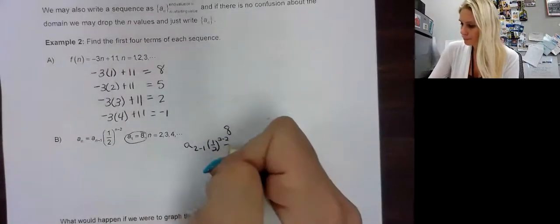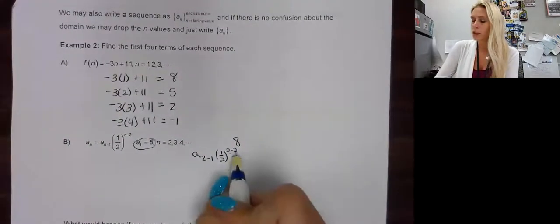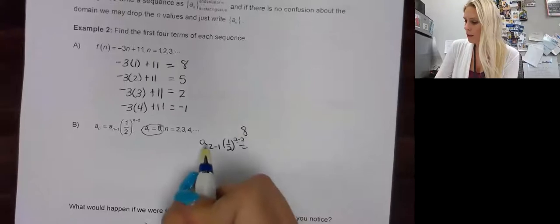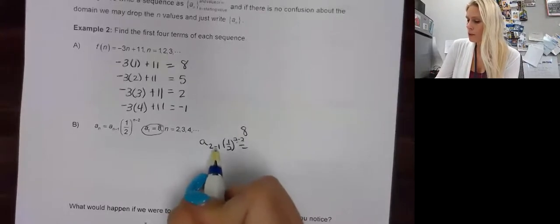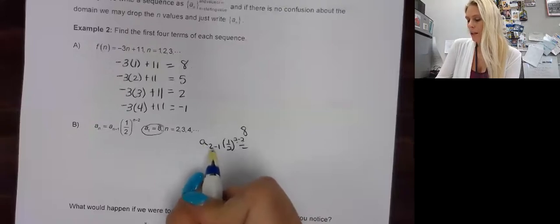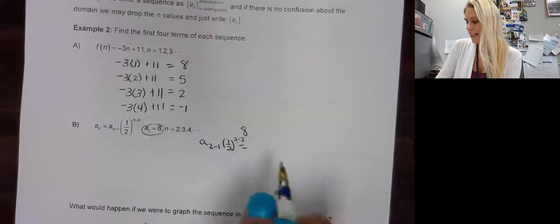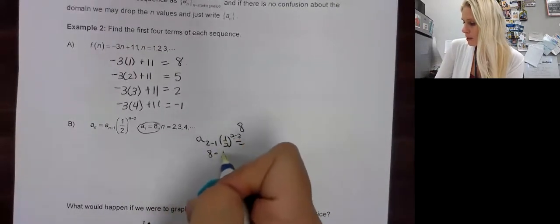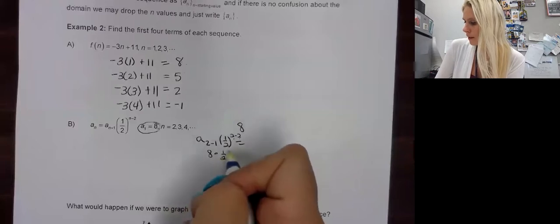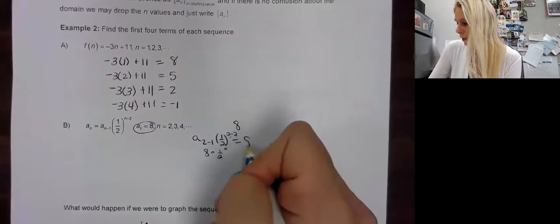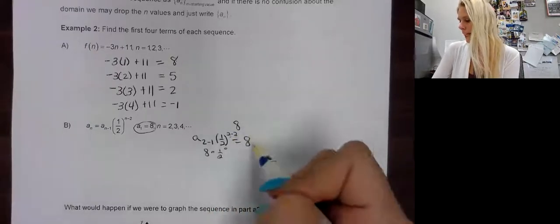Well, 2 minus 2 is 0. Anything to the 0 is 1. A sub 2 minus 1 here would be a sub 1. Well, what was our a sub 1? It was 8. So this is saying 8 times 1/2 to the 0. Well, that would equal 8. So far our pattern goes 8, 8.